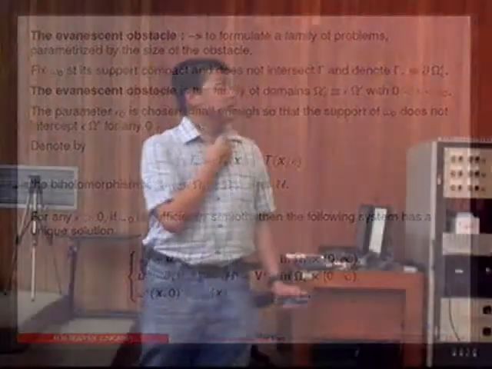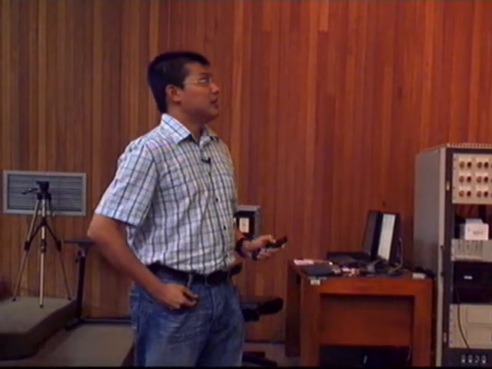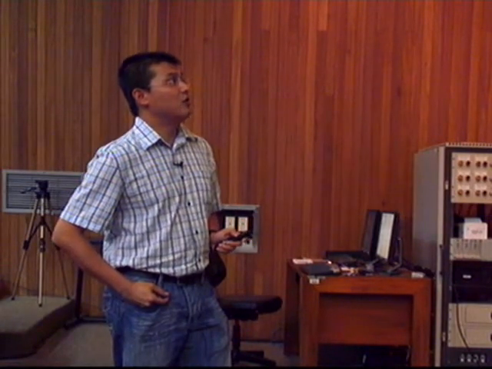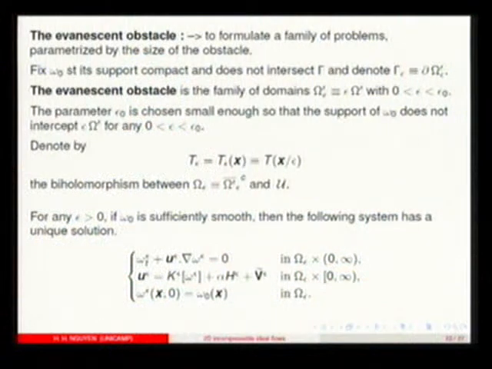What is the evanescent obstacle? The evanescent obstacle is the family of domains omega prime epsilon equal to this, with epsilon between 0 and epsilon 0.